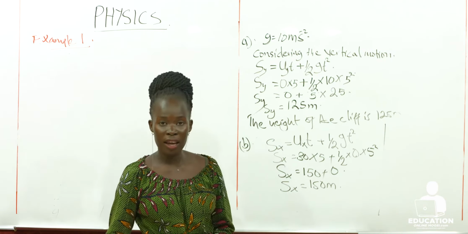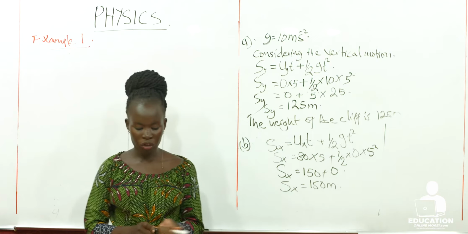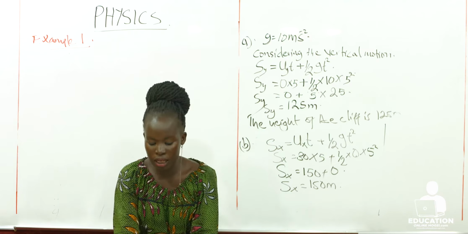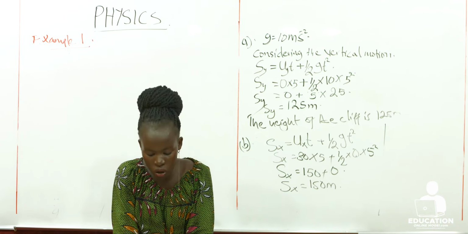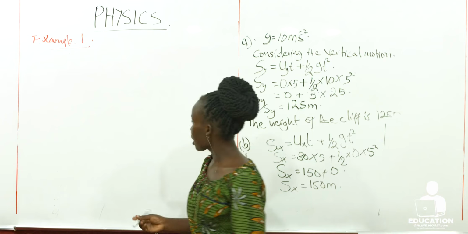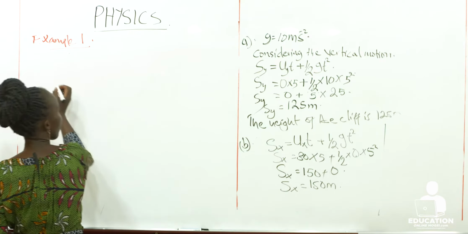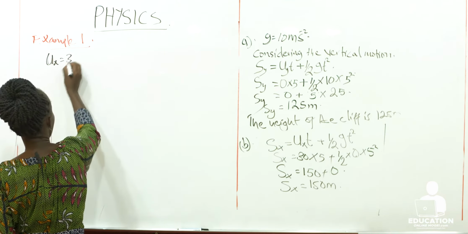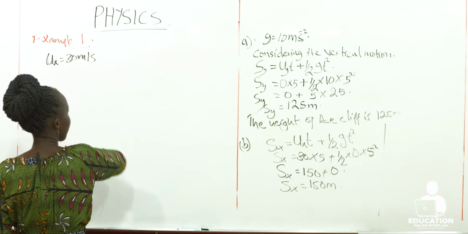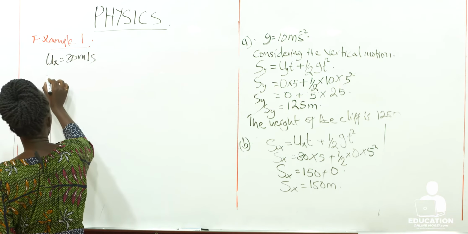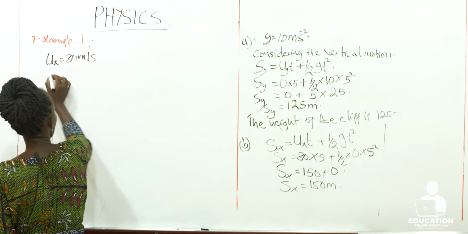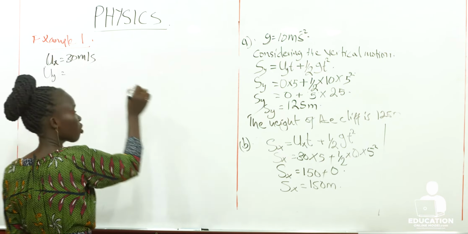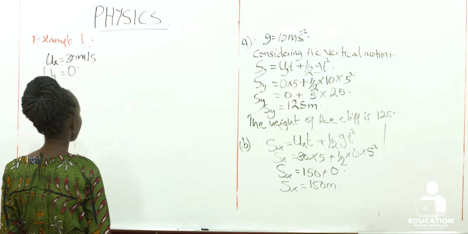Now if you want to find that velocity, what do you actually consider? Do you consider the vertical, or you consider the horizontal motion? So we see that we had that our ux is equals to 30 meters per second, and we know that when it is in the horizontal, our g is 0, but then our uy, we also have it as 0 here.